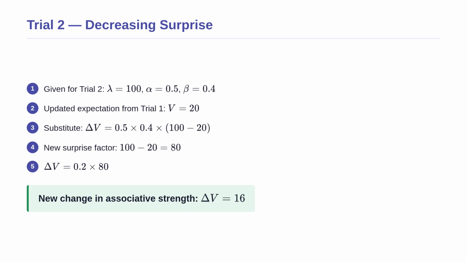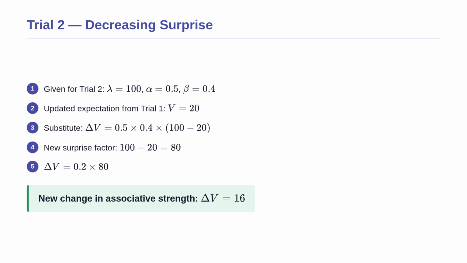With the first trial complete, let us look at what happens during the dog's second lesson. The physical properties of the bell and treat have not changed, so alpha remains 0.5, beta is 0.4, and lambda is still 100. However, the critical difference is that the animal is no longer completely ignorant. Its current associative strength, V, is now 20. Let us plug these updated values into our formula.